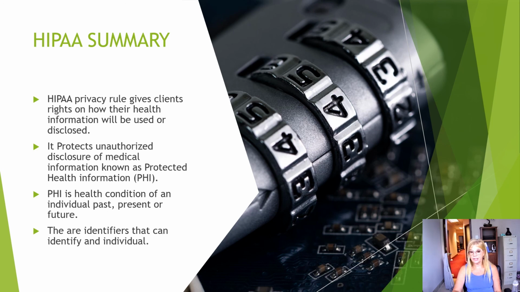There are identifiers that can identify an individual, and remember, there were 18 identifiers, such as name, social security number, address, date of birth, diagnosis. So in order to de-identify someone, it takes a lot more than just removing someone's name.